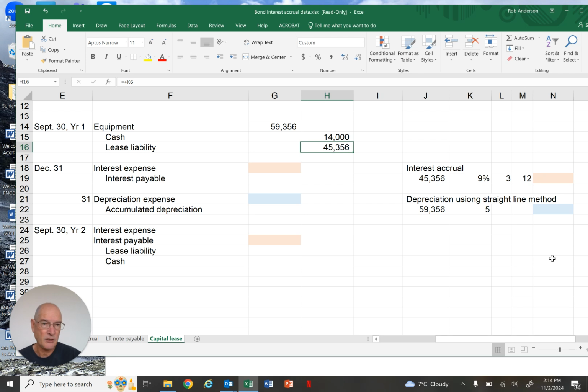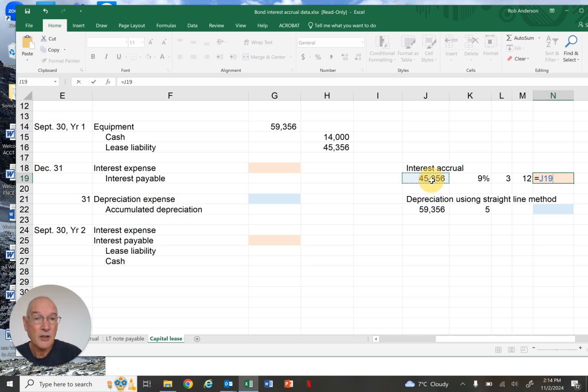I've done the start of the calculation over here. Recall that our lease liability started at $45,000 and a bit. The rate is 9%, and end of September to end of December is 3 months, so 3 months out of 12. So I'm going to take our lease amount times the interest rate times 3 months divided by 12 months.